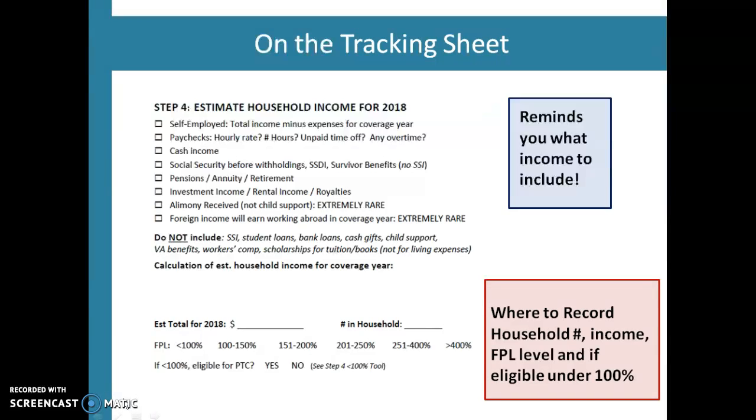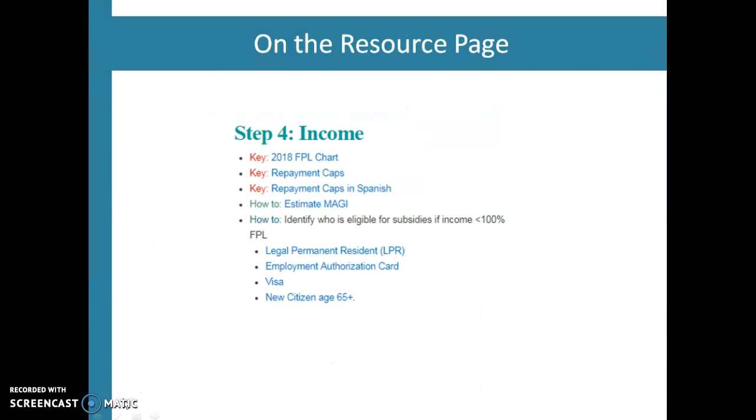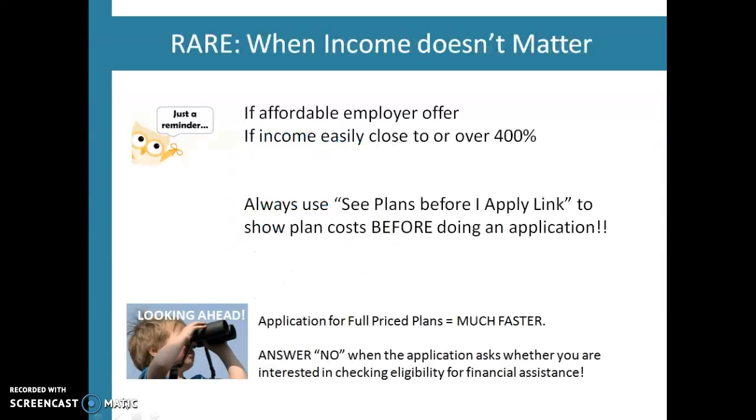You can circle where the consumer's FPL is. And if they are eligible below 100%, this is where you can indicate that. On the resource page, we have, of course, the FPL chart, certain repayment caps, how to explain MAGI, and where to look if you need to figure out if a consumer is eligible for subsidies below 100%.